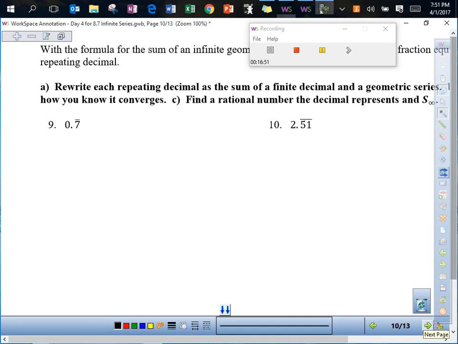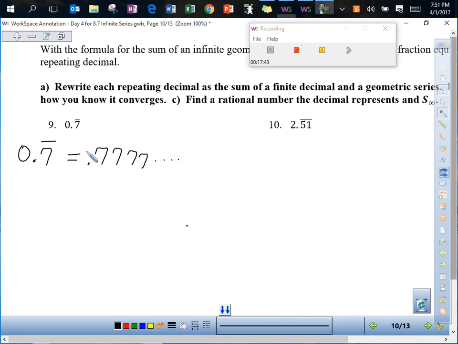Guys, if you know your nines, division of nines, 0.11111 is 1/9, 0.22222 is 2/9, 0.33333 is 3/9, which reduces to 1/3. 0.7 repeating is going to be 7/9. So I already know this answer is 7/9. Let me show you how to get it using geometric series formula. So hang with me here. I'm going to think of 0.7 repeating as 0.7777 on down the road.